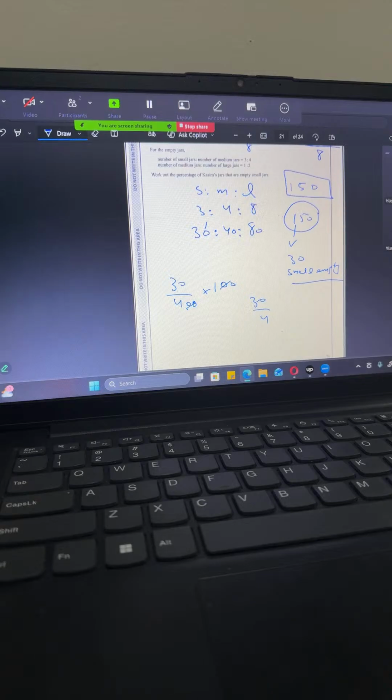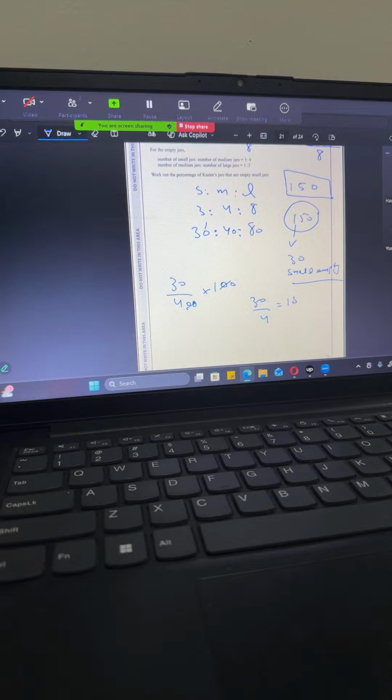It's like you can't do it. 30 divided by 4. Do you know the decimal division? I don't think so. Okay, can you simplify it? 30 divided by 4. Oh yeah, 15 over 2.